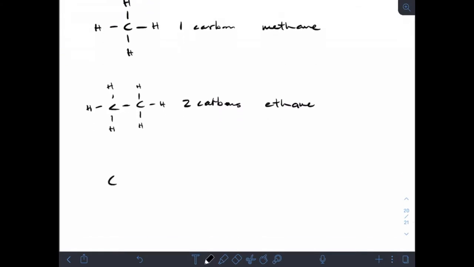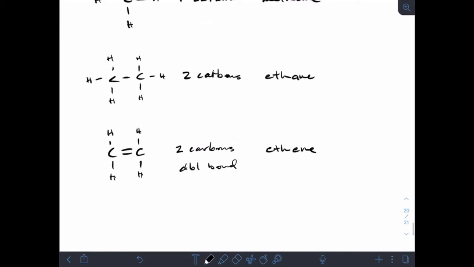Now if I had something that looks like this one, I still have 2 carbons, but they're double bonded. So I'll still use that eth prefix, but the double bond gives me a suffix of ene, so ethene.